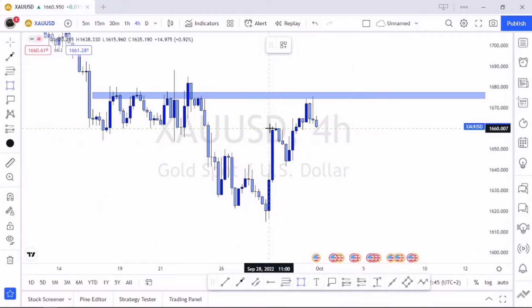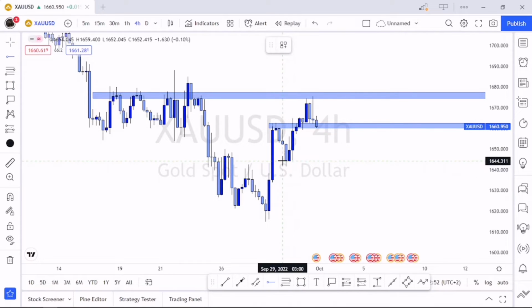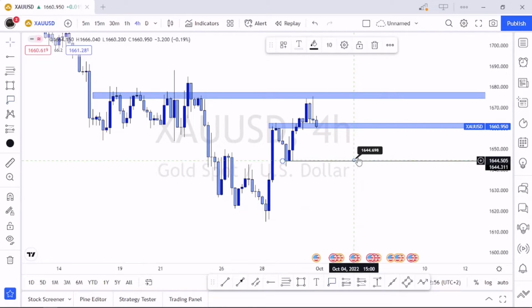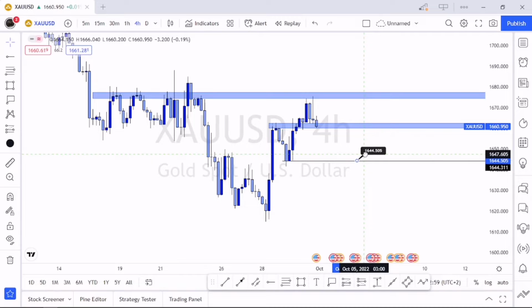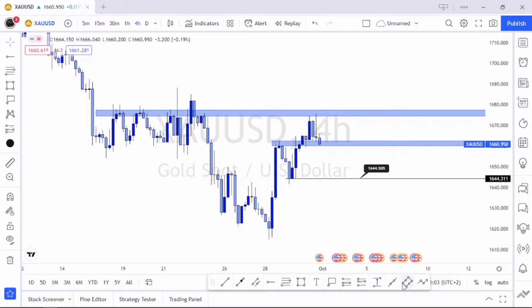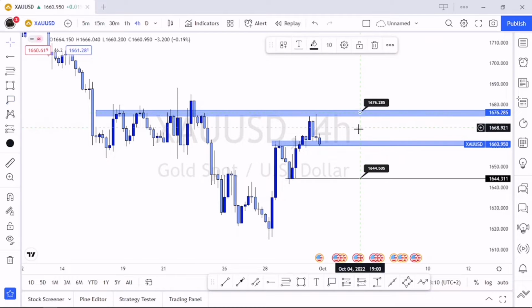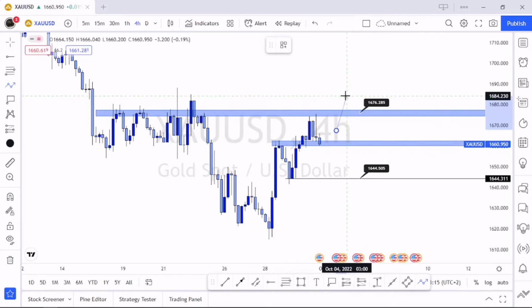Currently price is at the retest level, and we'll see how the market reacts from there. But for as long as we are holding this level, I think we're still good to look for buys. But personally, what I'd like to see going into next week is the market break this level right here at 76.285, so we can get a break, a retest, and a continuation back up.